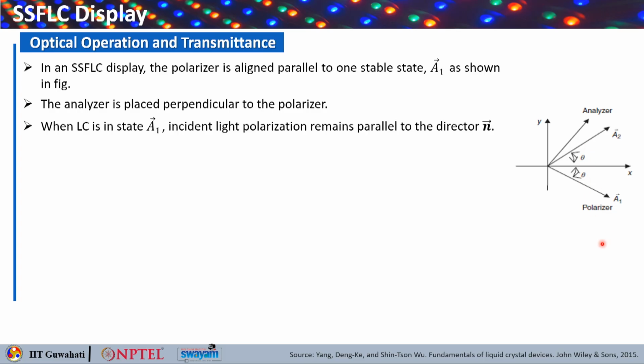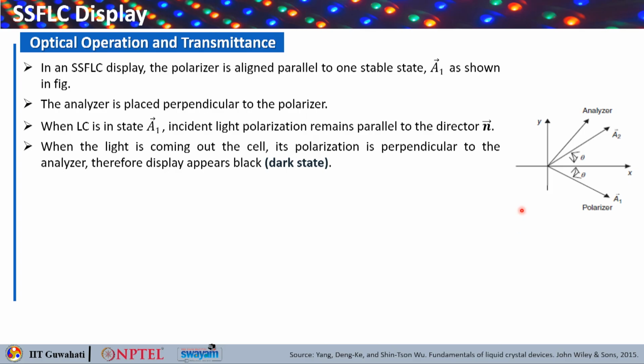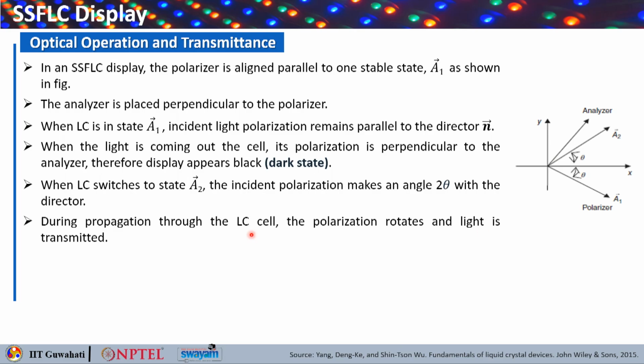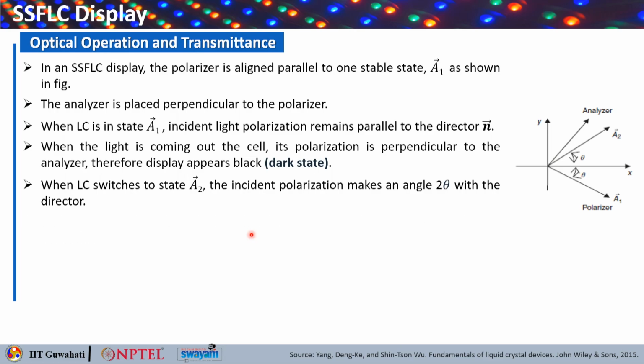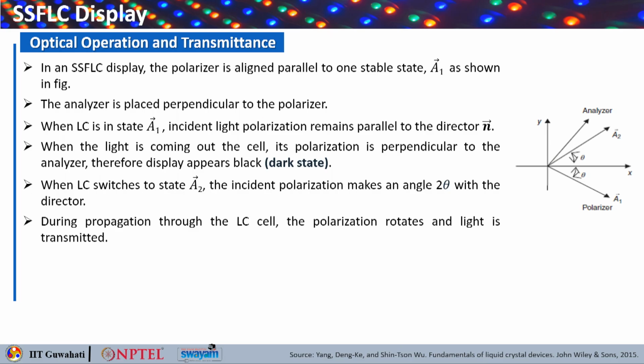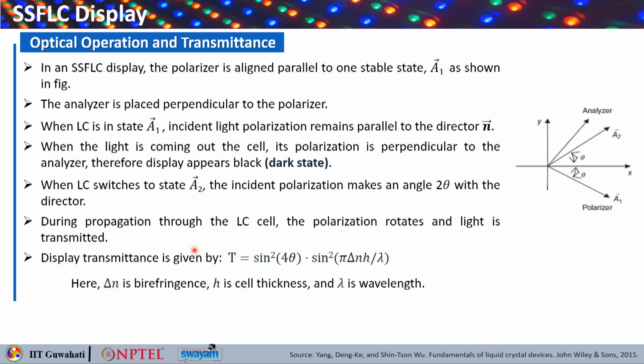So when the liquid crystal is in state A1, the incident linear polarization remains parallel to the director n, and when the light comes out of the cell, its polarization is perpendicular to the analyzer, and that is why the display will appear black, or in the dark state. And then when the liquid crystal switches to state A2, the incident polarization will make an angle 2 theta with the director. During propagation through this liquid crystal cell, the polarization rotates and light is transmitted.